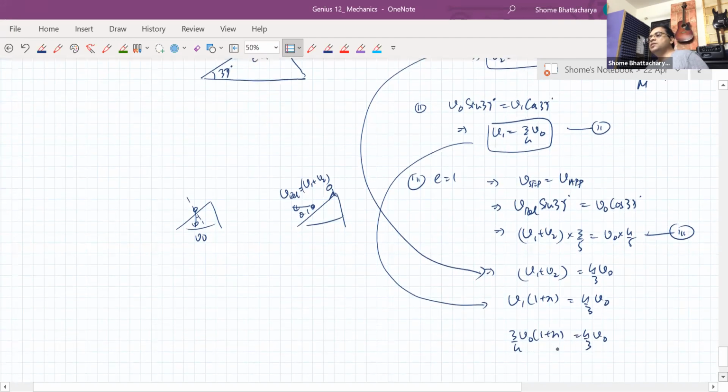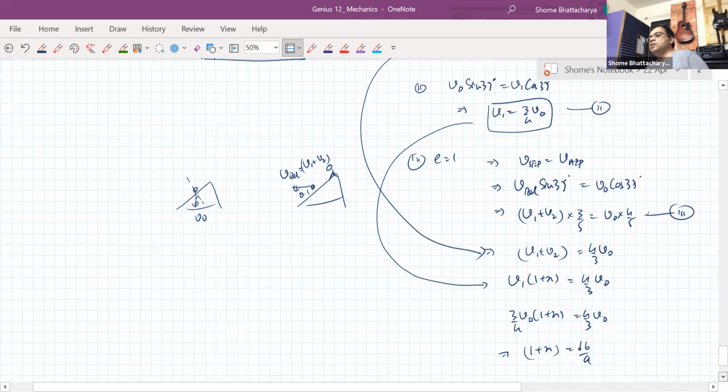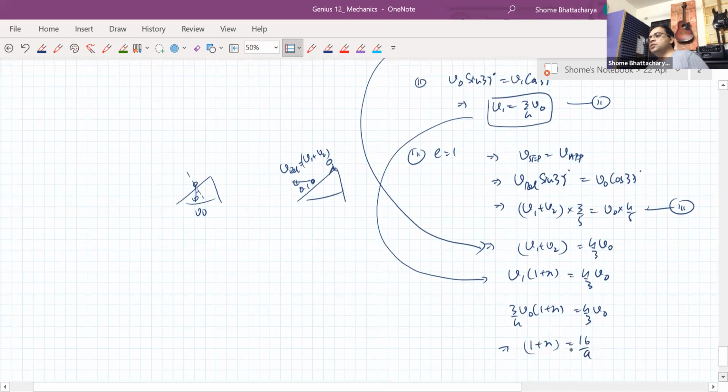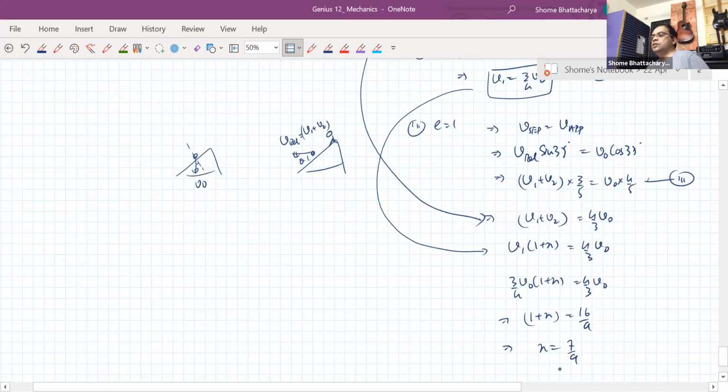So we will get 1 + x is equal to 16/9. So thankfully this is giving me a possible value of x, which is how much now? 7/9, is it? So that means m to M, but V is to 7 is to 9.